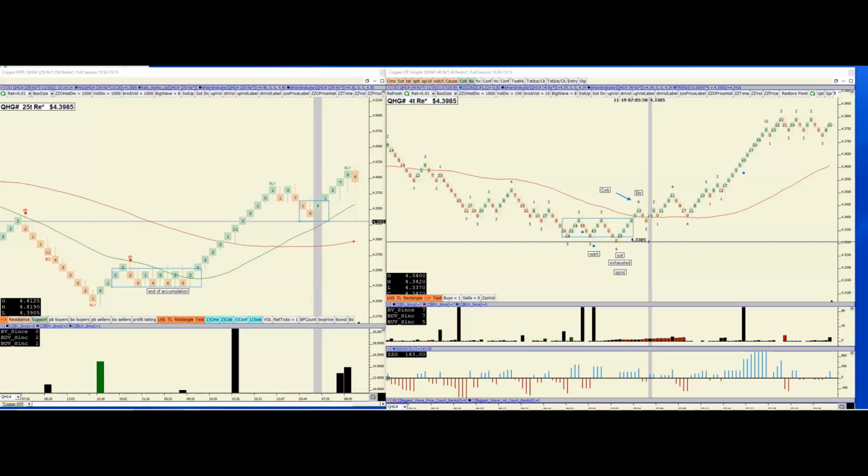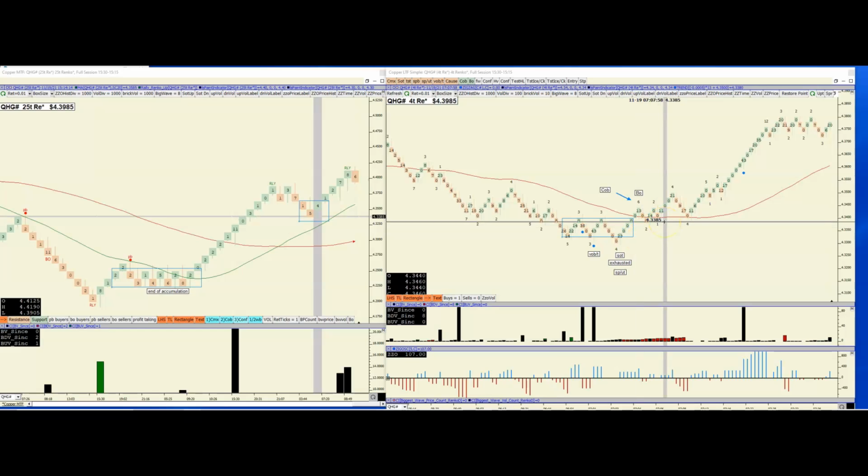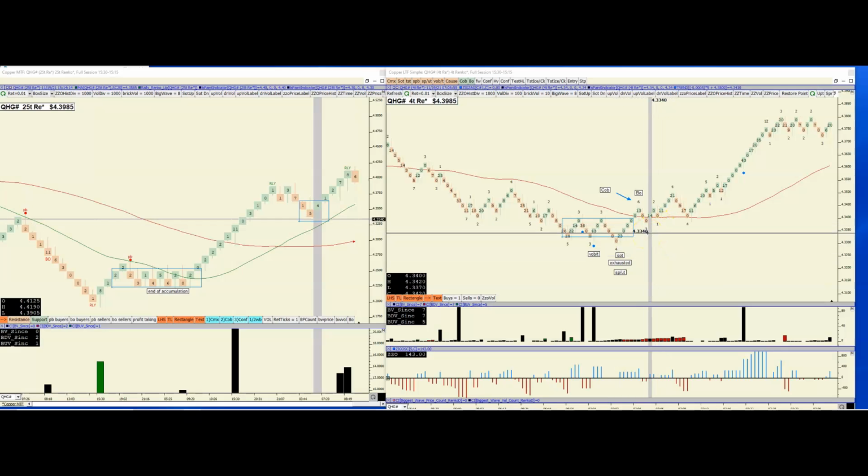So from a price perspective, it has to be a 1 or a 2. From a volume perspective, it has to have very low volume. And from a time perspective, it has to be a very few number of minutes. From a price perspective, you have your 1 here. You have like 2 here.